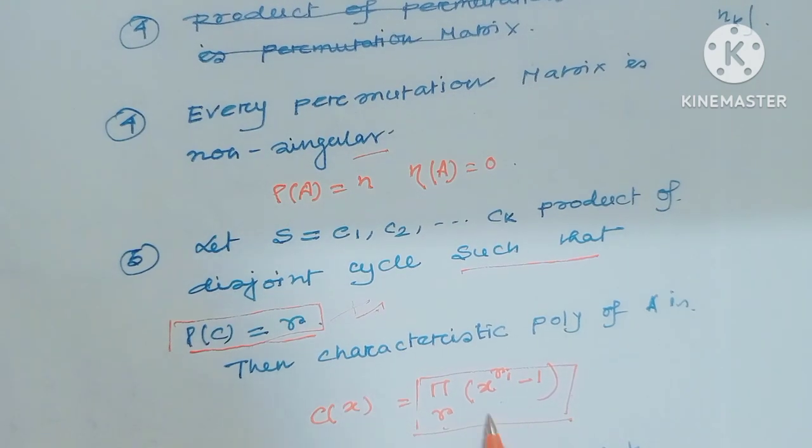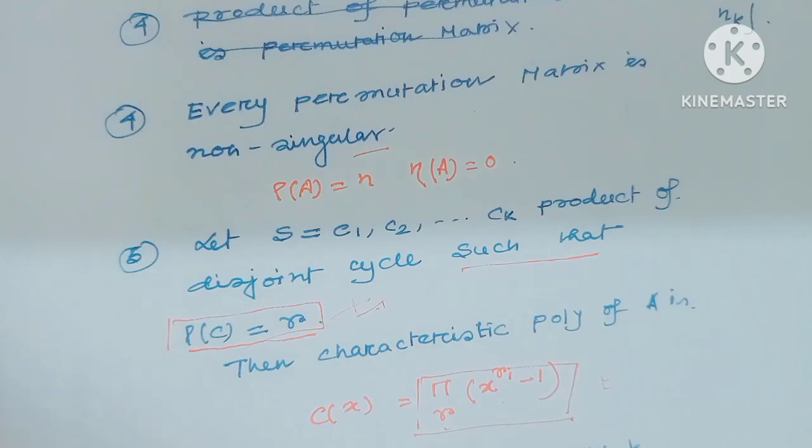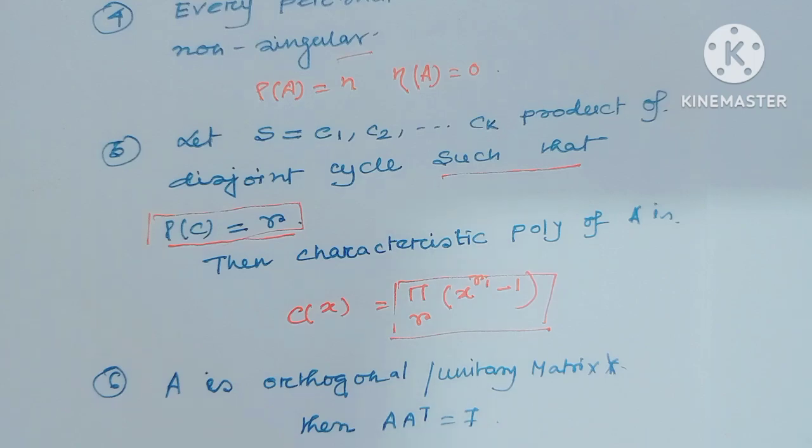You will understand this when I discuss many examples, then you will understand this in a better way. Matrix A is always an orthogonal or unitary matrix. That means A transpose A equals identity. These are properties. Also there are more properties.